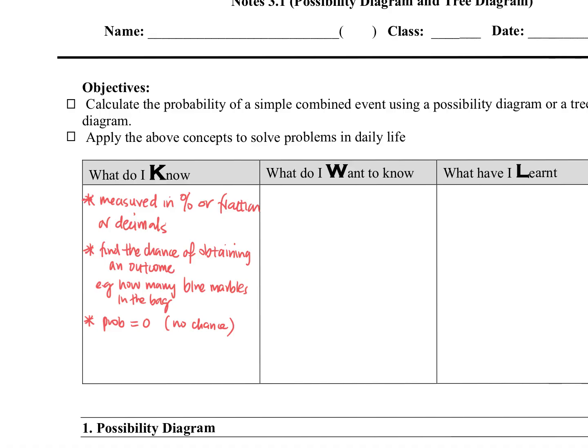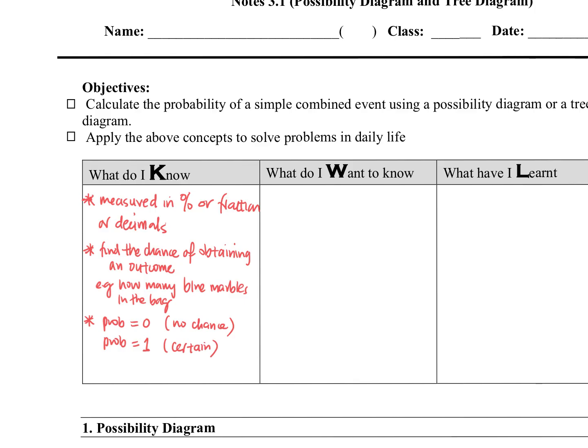100%. But if it's not in percent, in numbers, what should it be? 1. So your probability can never be beyond 1. It's between 0 and 1 inclusive. Cannot be smaller than 0. Cannot be bigger than 1. So this is a certain event. That means 100% this is happening. Okay?